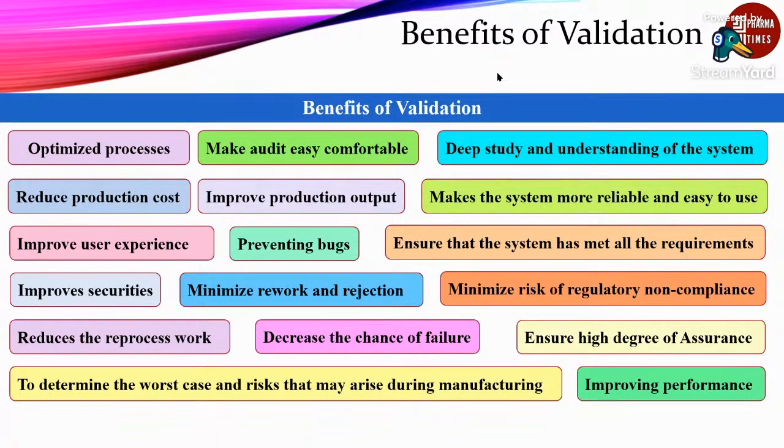During validation we face many deviations and many bugs in the system. During validation it comes to be known that these bugs are there, so we can eliminate them during validation. So they will not occur during the production cycle. It also saves time and improves the efficiency of the product.